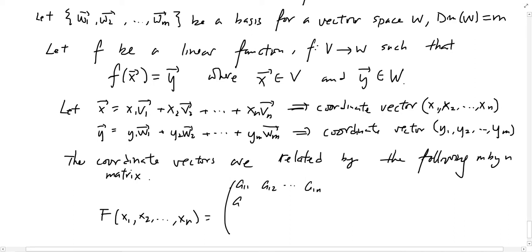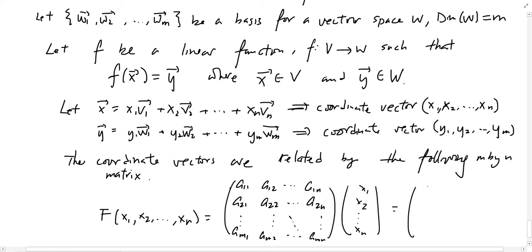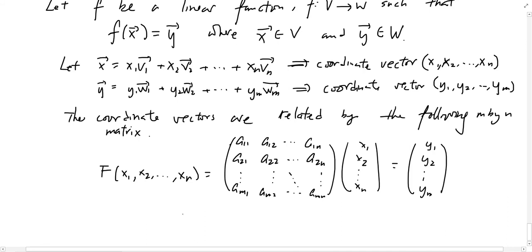And I'll tell you what those numbers are going to be, but just simply show you that we have an m by n matrix multiplied by x1, x2, dot, dot, dot to xn, and it gives out y1, y2, dot, dot, dot to ym. So as I said, in this case, this function F maps from Rn to Rm. And this function F is linear because it's in matrix form and corresponds the two coordinate vectors.